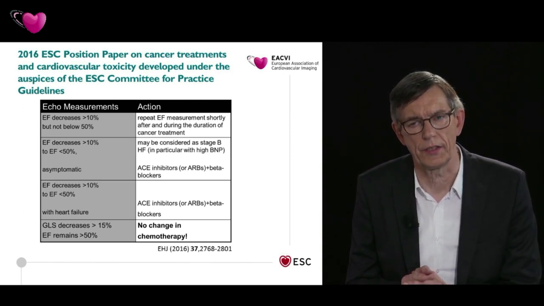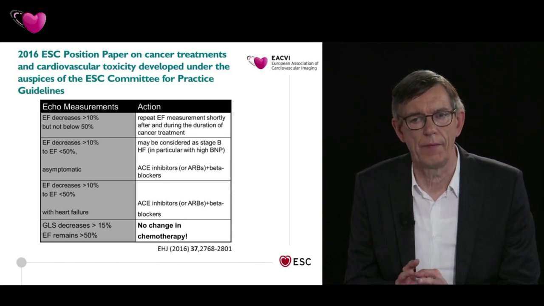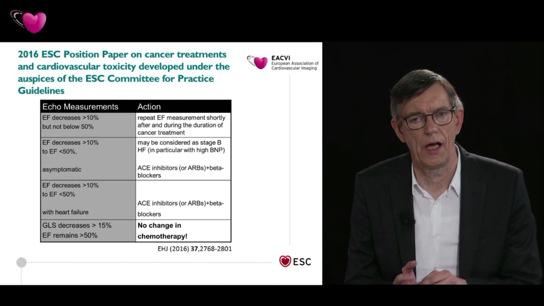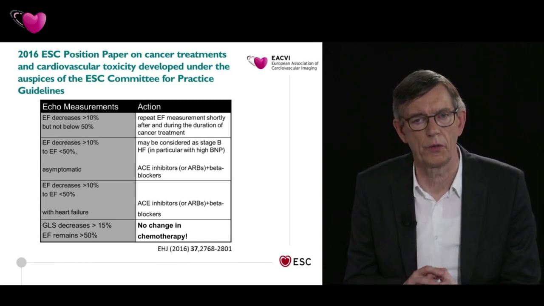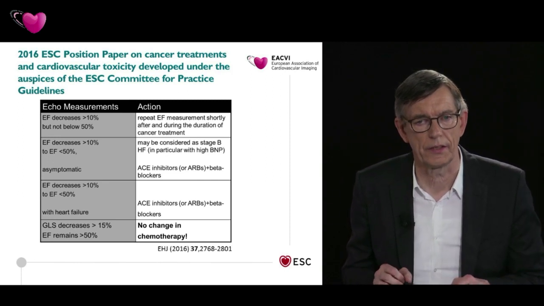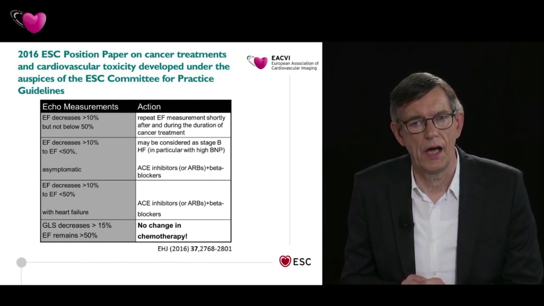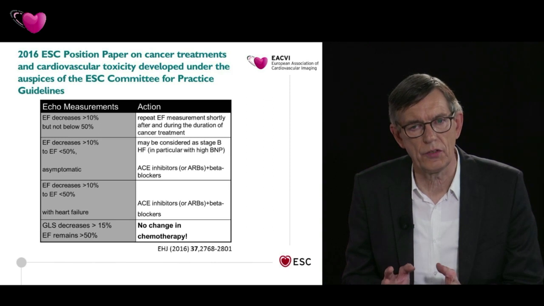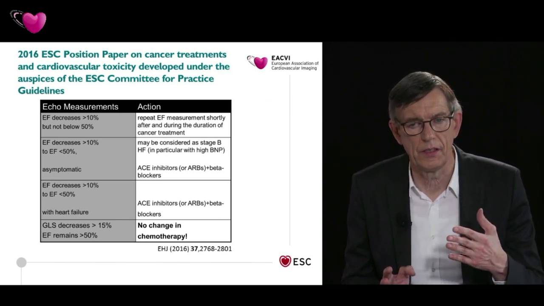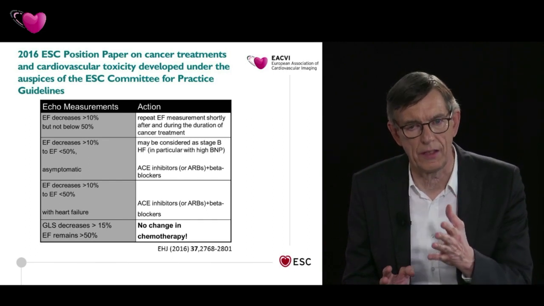Look at these action points, which come from different scenarios in patients followed under treatment with cancer drugs. You see that when the ejection fraction decreases, no matter what the EF is, we act upon it.